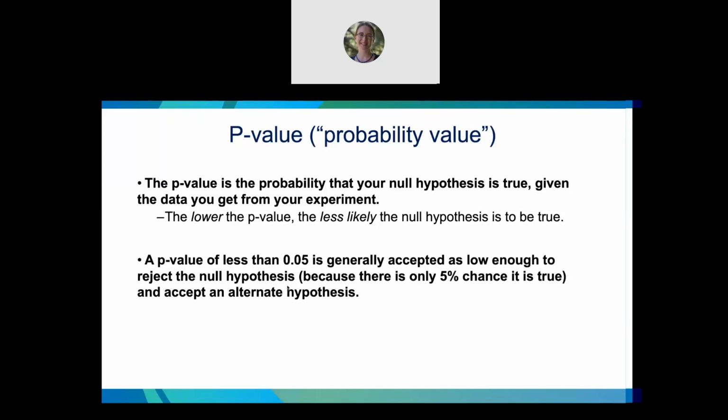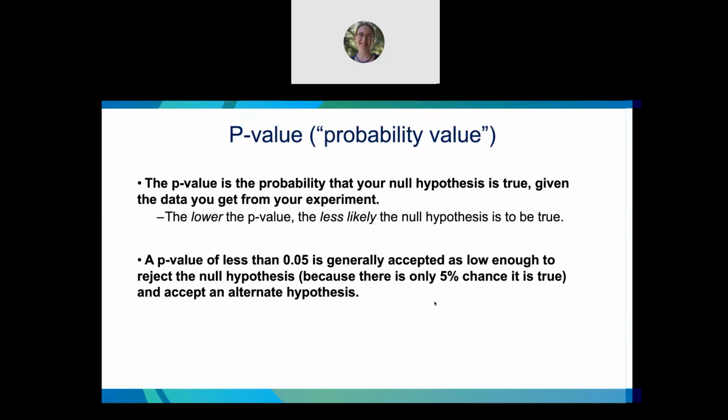In science, we generally accept that a p-value of less than 0.05 is low enough to go ahead and reject the null hypothesis. Because if you have a p-value of less than 0.05 and the p-value is the probability that your null hypothesis is true, then a p-value of 0.05 means there's only a 5% chance that your null hypothesis is true.